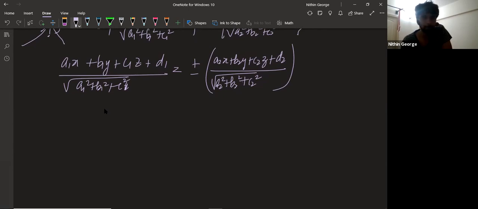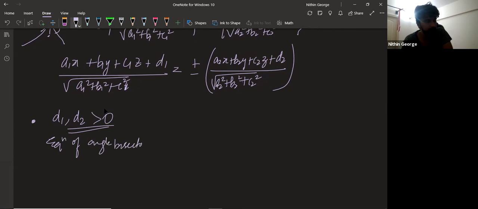Now, the bisector of the angle between two planes containing the origin. Make sure d1 and d2 are of the same sign, just make it positive, simple, and you won't forget it. Then the equation of the angle bisector between the two planes containing the origin.